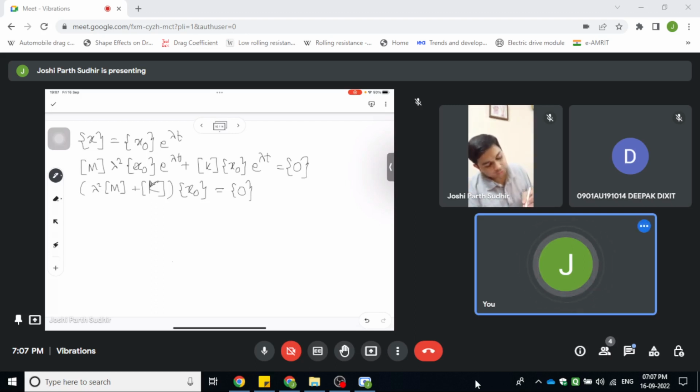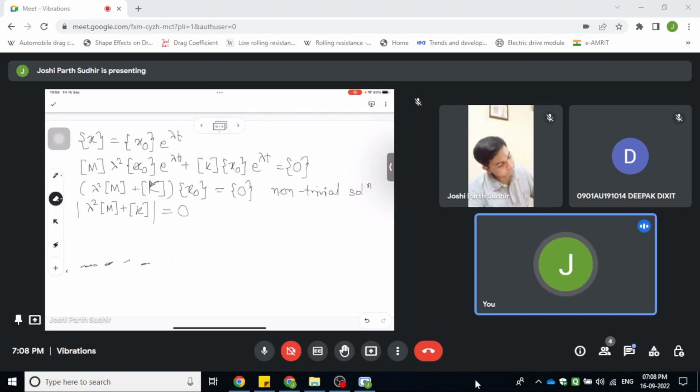For this equation to have a non-trivial solution, we will have determinant of lambda square m plus k equal to 0.